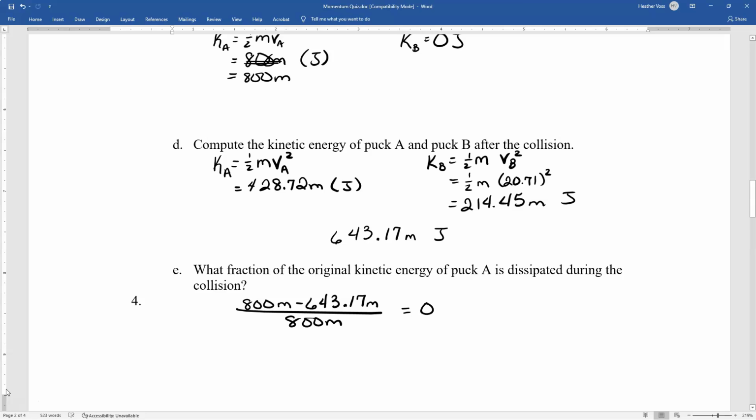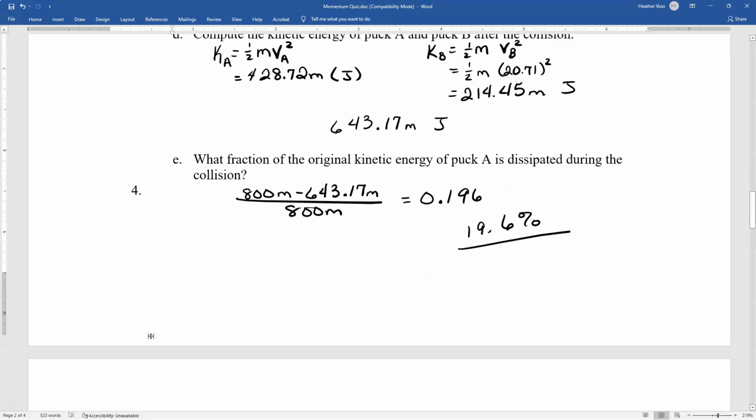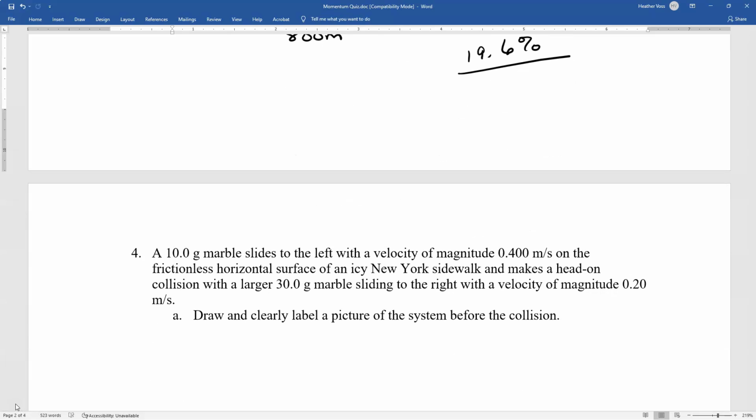This is going to tell me it's 0.196. So 19.6% of the kinetic energy is lost. Okay, I'm going to pause here. We're going to do the rest in a second video.